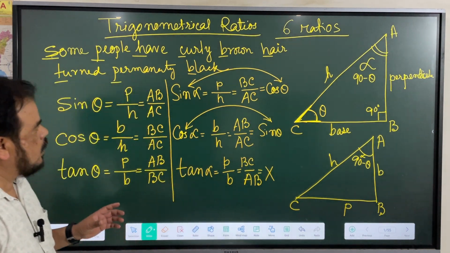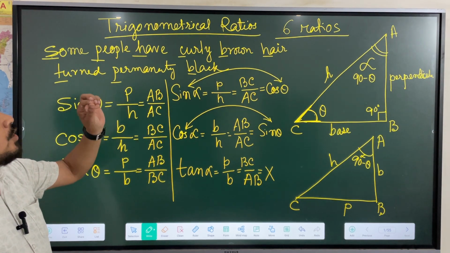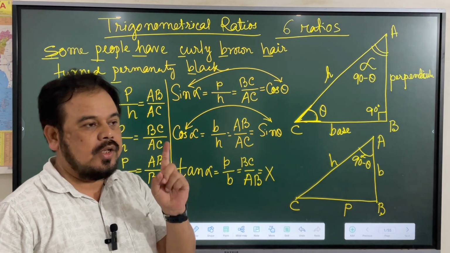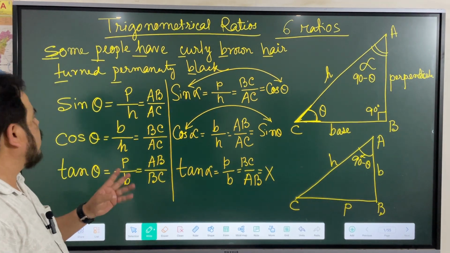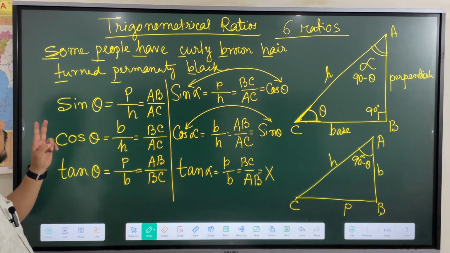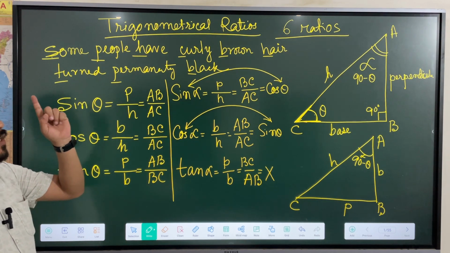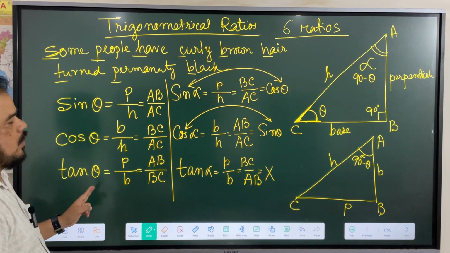Let me repeat. For this chapter, we are going to learn three trigonometrical ratios, which you will get in detail in chapter 7. For the time being, we are going to learn three: sin, cos, tan. With respect to angle theta, we write sin theta, cos theta, tan theta.